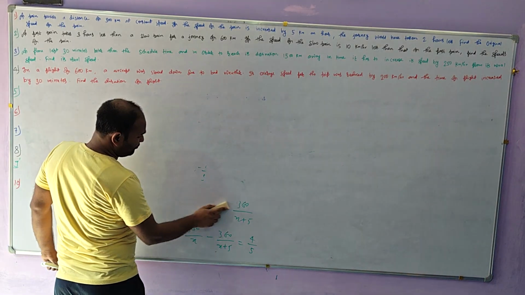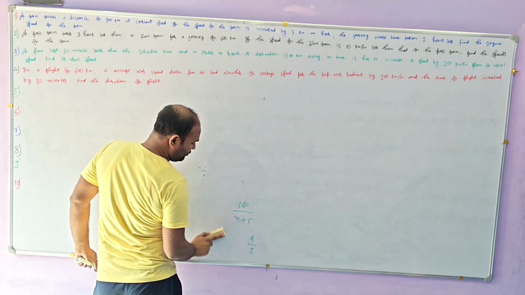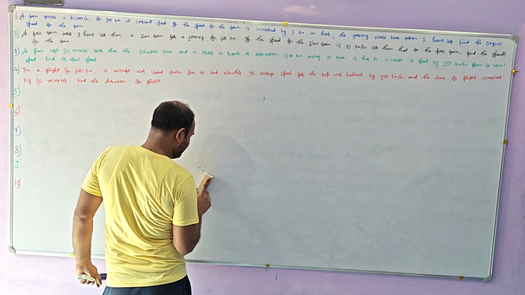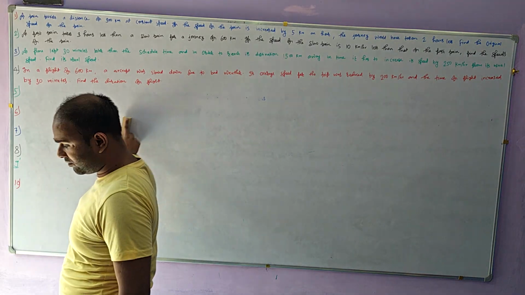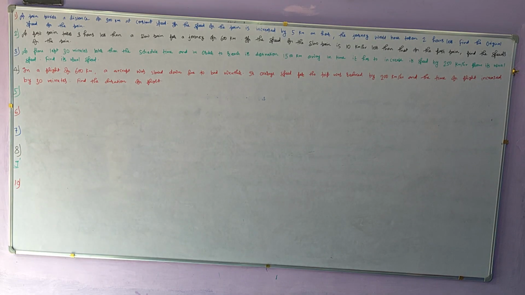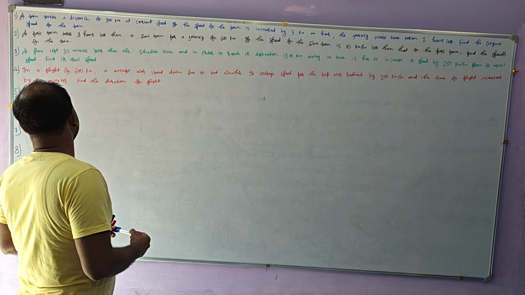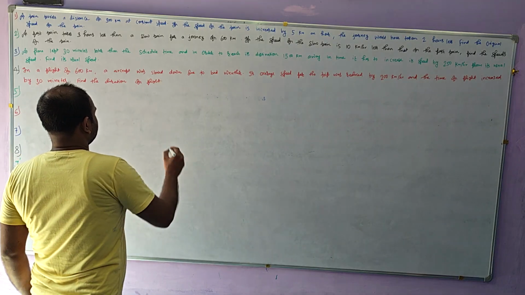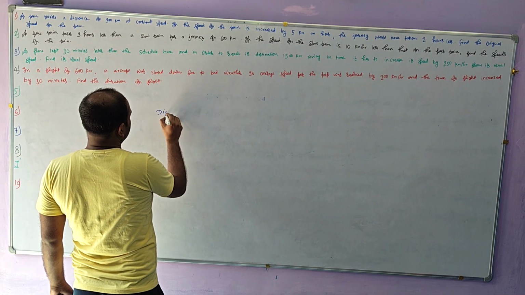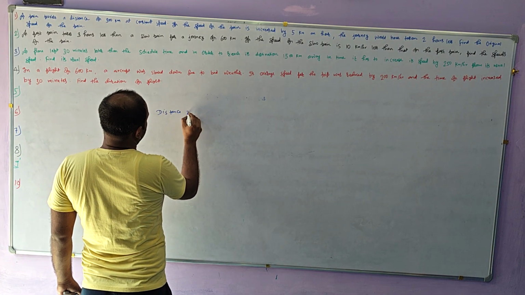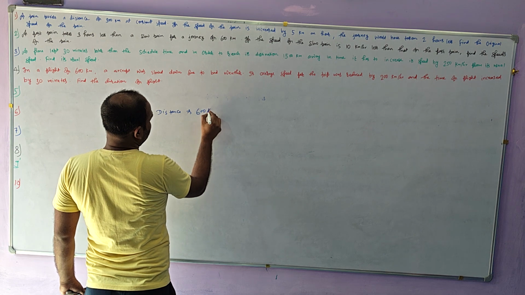Find the duration of flight. Basically, we need to find out the time. We have a distance of 600 kilometers.